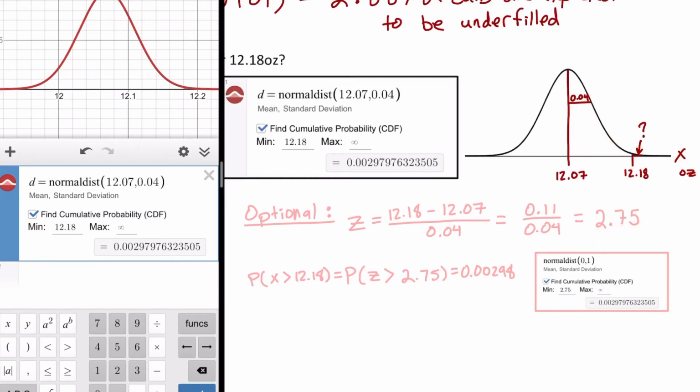So from this, we know that the probability that I get a can that is bigger than 12.18 ounces is the same probability that z is bigger than 2.75. A z-score of 2.75, that's 2.75 standard deviations above the mean, and so that's 0.00298. Notice these numbers are the same.